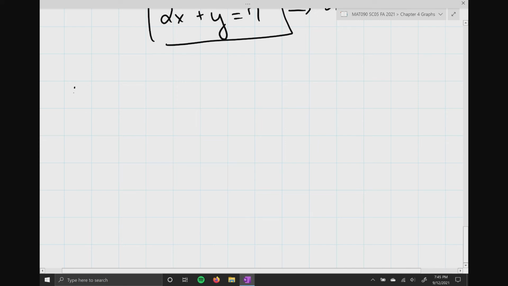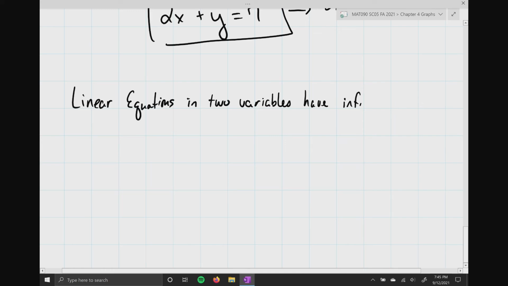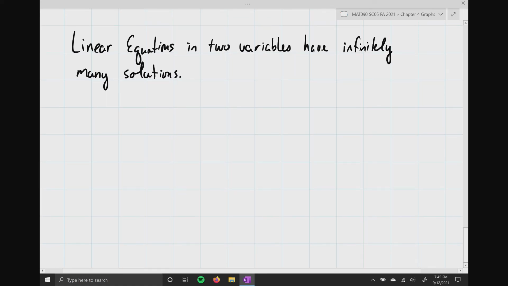Linear equations in two variables have infinitely many solutions. Okay? So let me show you what I mean by this with a picture.